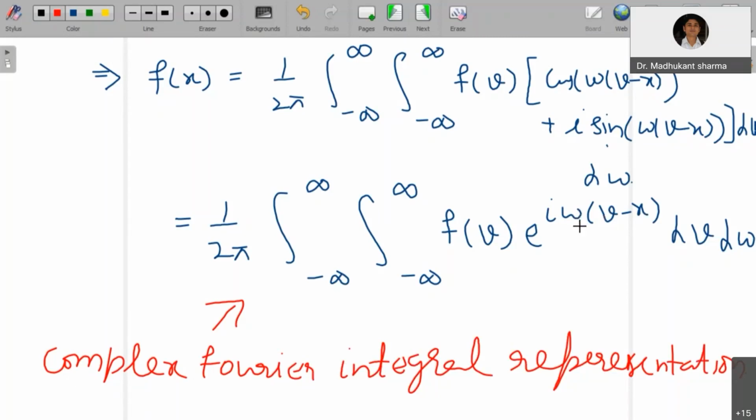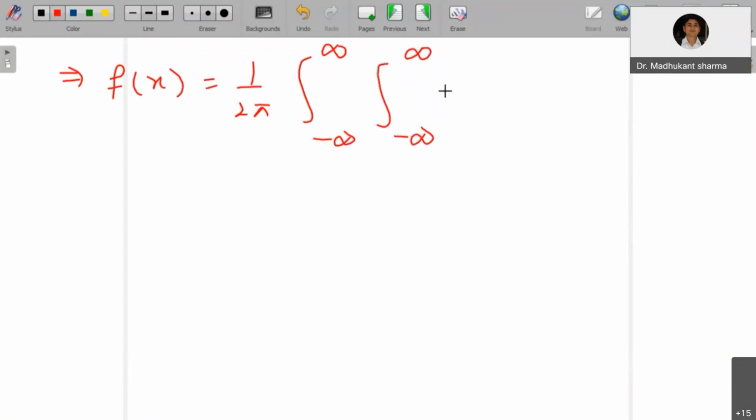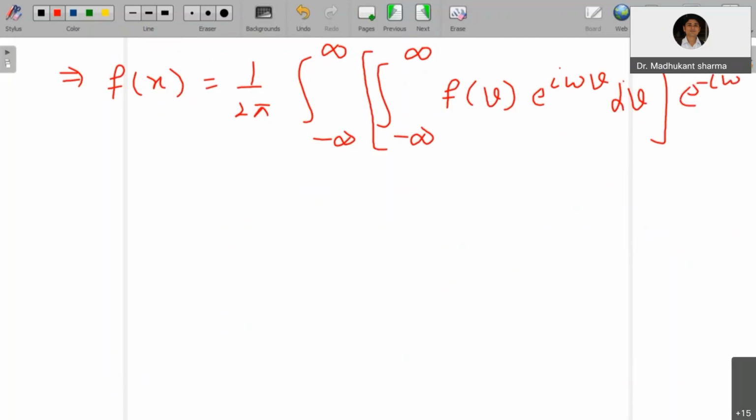You can separate the v part and the x part here. So this will imply f of x is equal to 1 upon 2 pi integration from minus infinity to plus infinity, integration from minus infinity to plus infinity of f of v e to the power i w v dv times e to the power minus i w x dw.